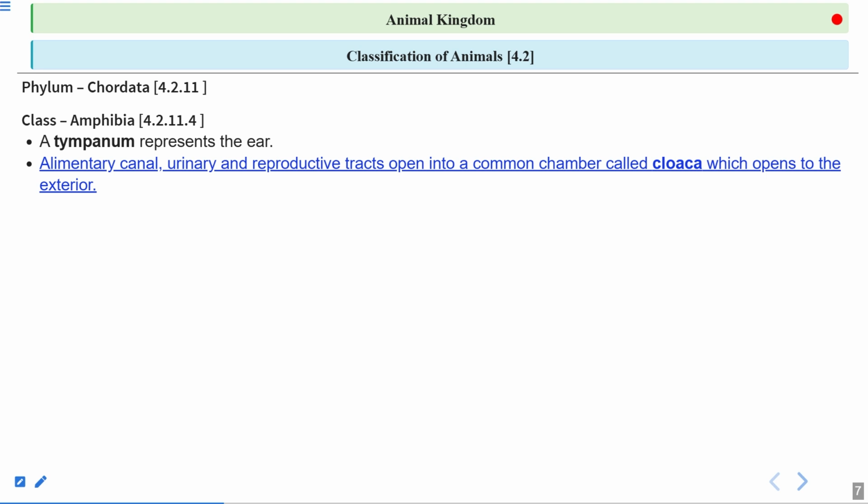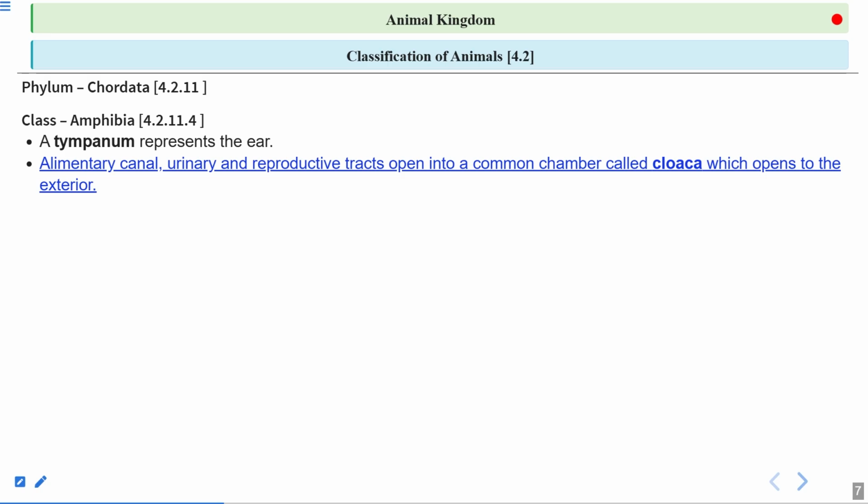So this is a very unique feature of the class Amphibia. This feature you won't see in any other organism. They have the alimentary canal, the urinary and the reproductive tract, all opening into one chamber only, that is called cloaca, right? So this cloaca opens to the exterior.